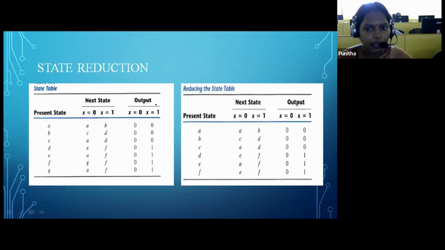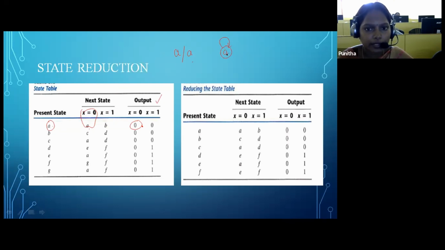We'll look at how the output is represented for the present state and the next state. If the present state is A and the next state is A, for the input 0, what will be the output? The present state is A and the next state is also A, so I have a self loop.